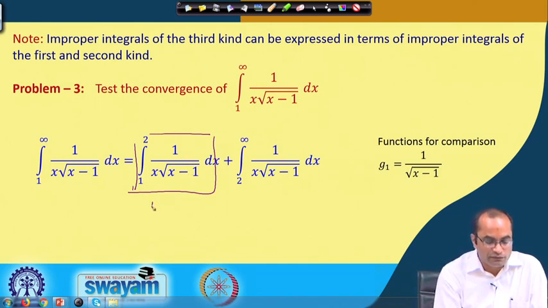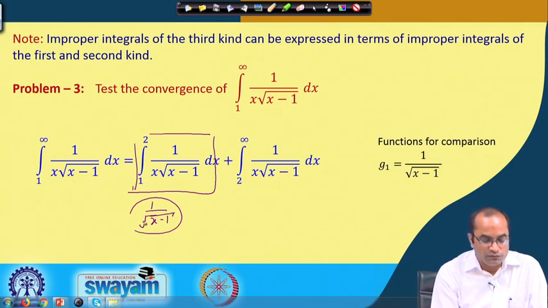So, this factor 1 over square root of x minus 1 creates the unboundedness as x approaches 1. So, we will compare with the function g(x) as 1 over square root of x minus 1.